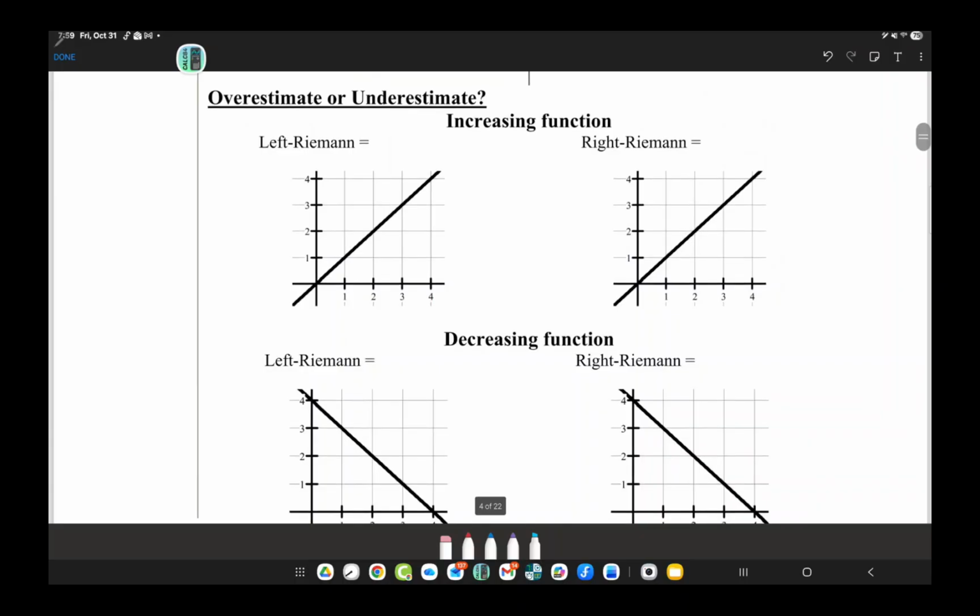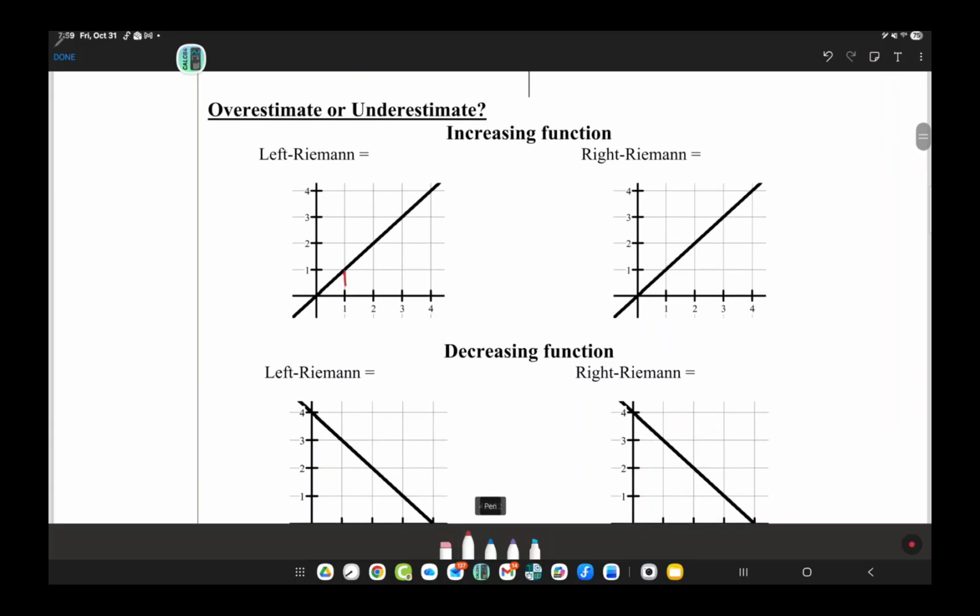So let's look at this. If I'm using the right value, let's say I'm going from 1 to 3. Using the left sum, that's this area right here. Is this going to be an overestimate or an underestimate? All right.